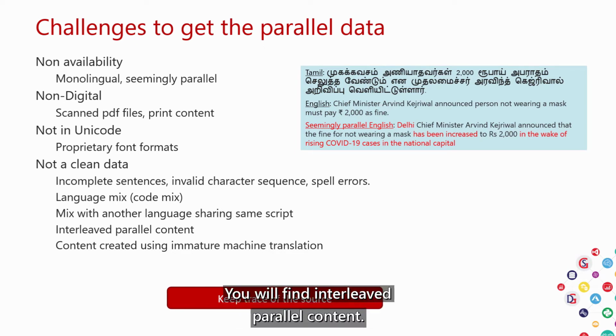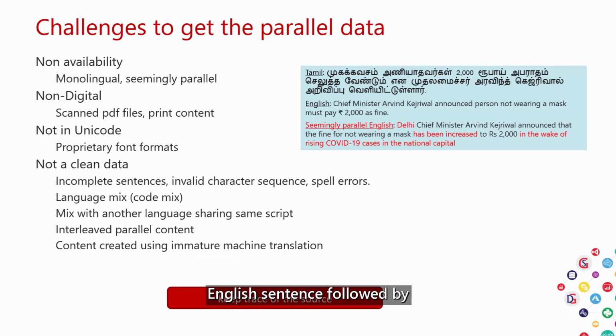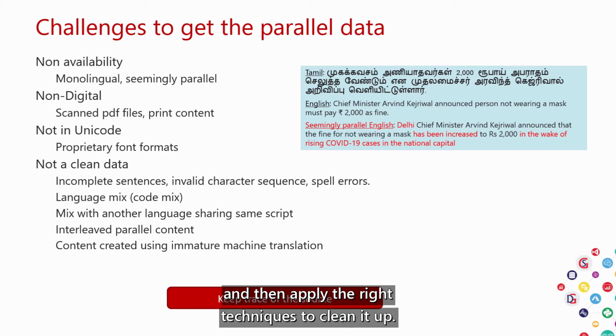And you will find interleaved parallel content. This is very interesting, where there is a tendency to write an English sentence followed by the Indian language content in several contexts. So when you encounter such parallel content, you need to extract it and then apply the right techniques to clean it up.